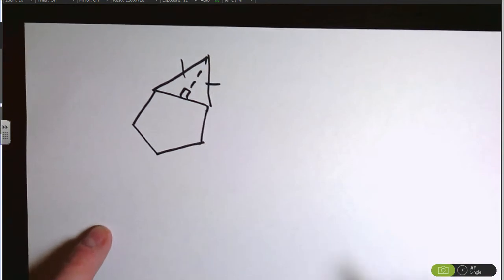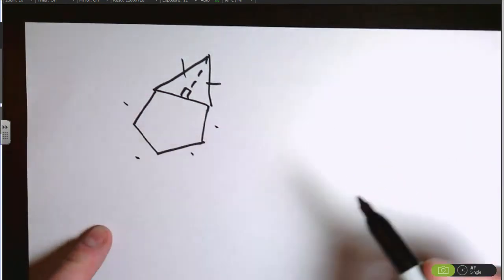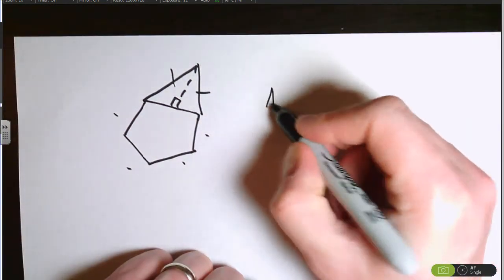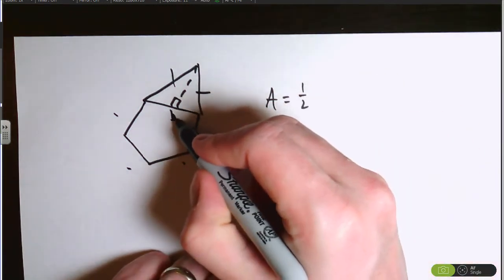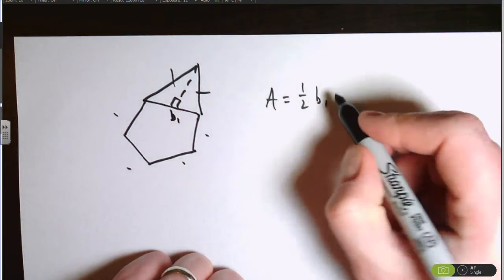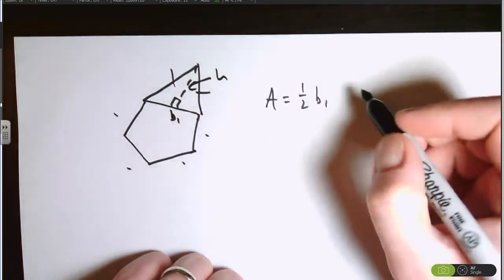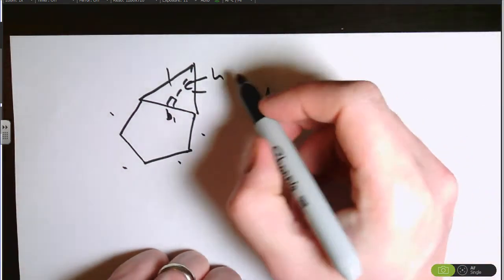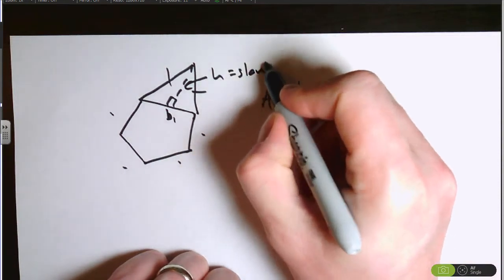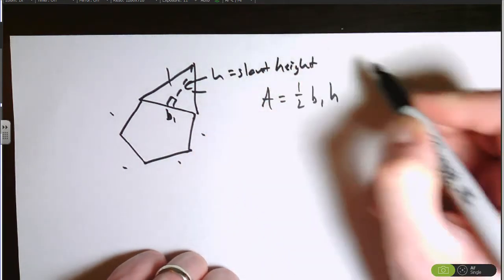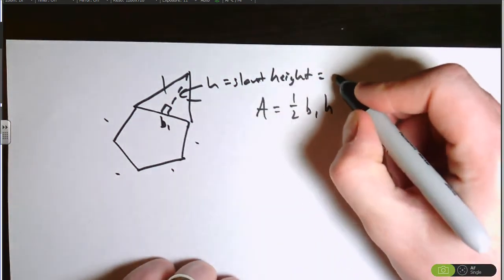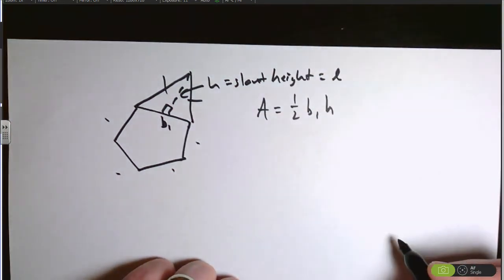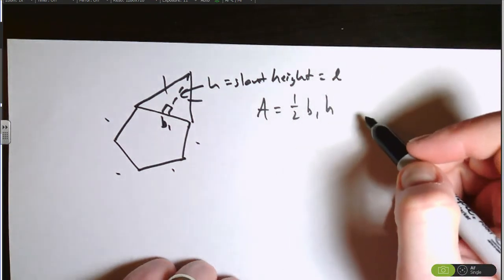So I'm only going to draw one because imagine there's one here, one here, one here, one here. If I find the area of one triangle, it's 1/2 this base here times the height of the triangle. Well, we've already said that height is actually the slant height. And we use it instead of H because we have all these little letters to do, we call it letter L. That's a cursive lowercase l.